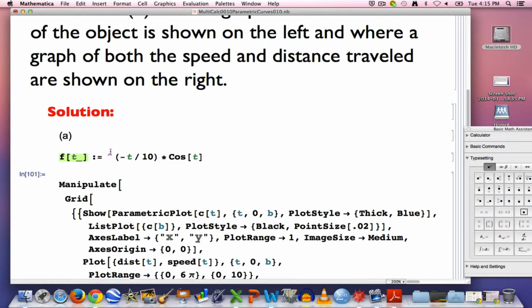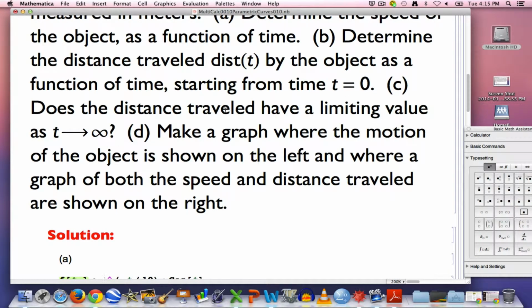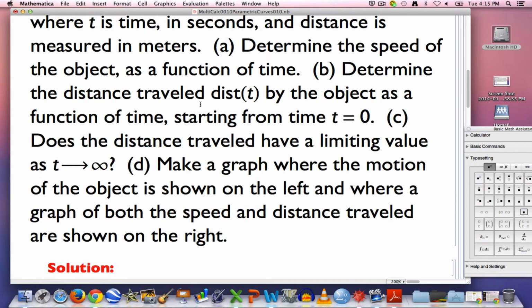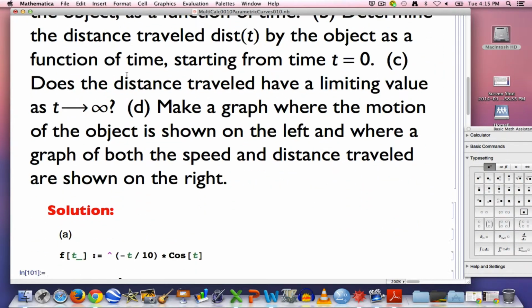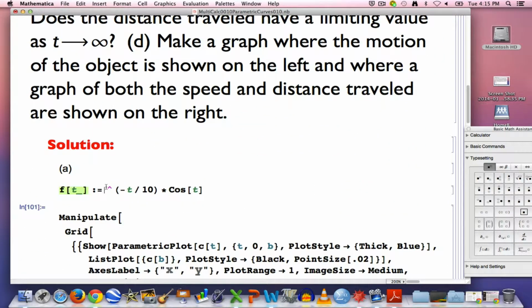Yet one more way to do this is to either use the Basic Math Assistant palette over here on the right, or use a trick to get this fancy looking e to come in here. The trick is to hit escape, then 2 e's, and then escape again, and it magically turns into a fancy looking e that represents the number e. I typically use a capital E, that's quicker, so that's what I'll do here.